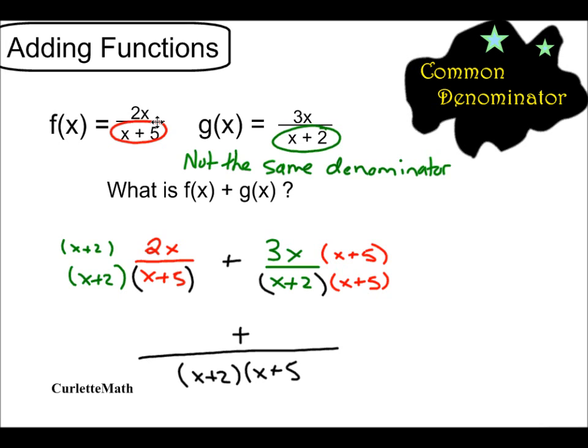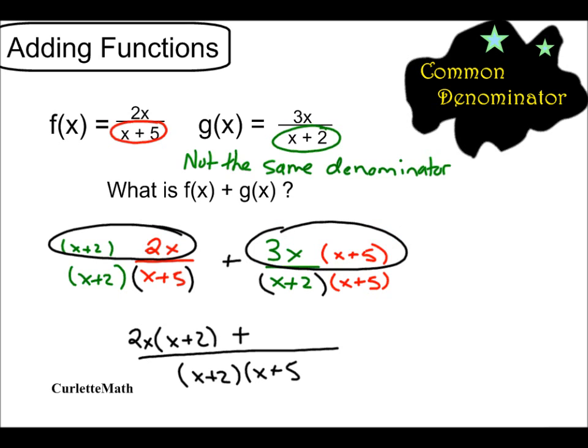So I take everything on this side. For our f of x function, I have 2x times x plus 2. I take everything over here, and I have 3x times x plus 5. Now what I need to do is distribute out the top and combine my like terms. So first, I'm going to distribute.